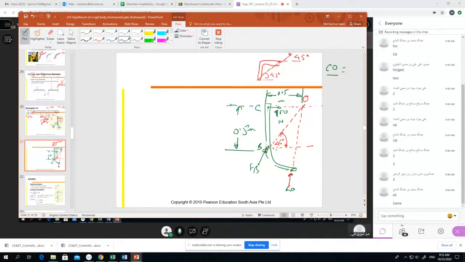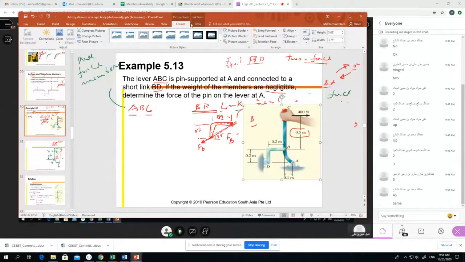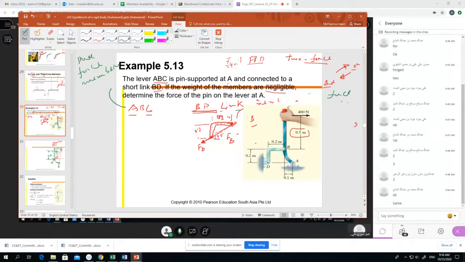Now you're going to tell me what is the angle between... we have some more dimensions. You see, from B to D our dimension is 0.2, and A to B is 0.1.